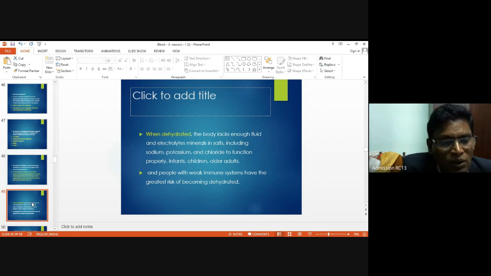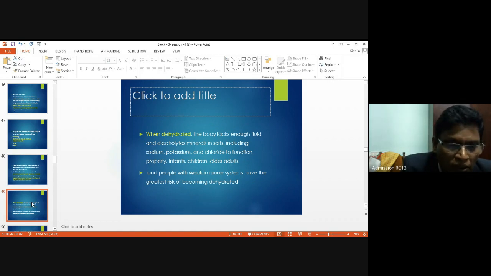What will happen during the dehydration process? The body lacks enough fluid because of continuous vomiting, or diarrhea continuing for one or two days, which takes away the important minerals present in the body, that is sodium, potassium, and chloride. These are very important requirements for the proper functioning of the body.